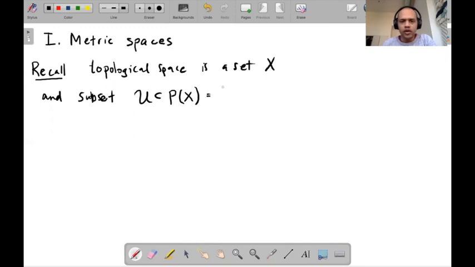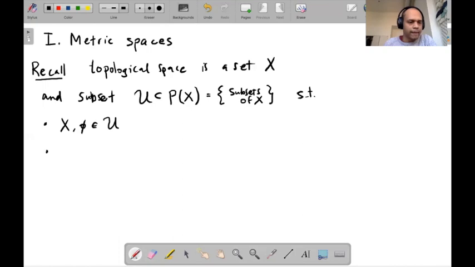So this is the set of all subsets of X, the power set. So a topological space is X with a subset of the power set with the property that, well, first of all, X and the empty set are in script U.